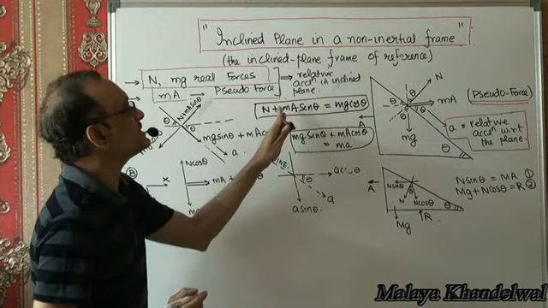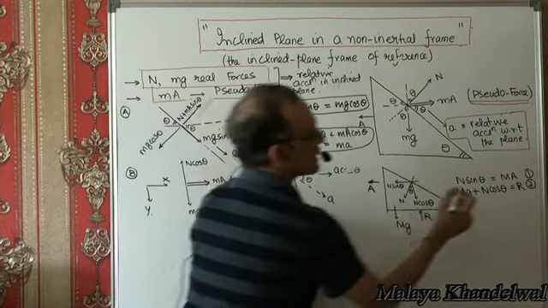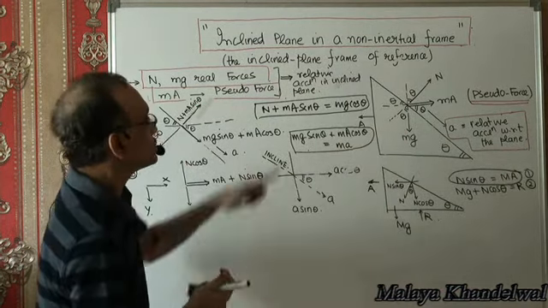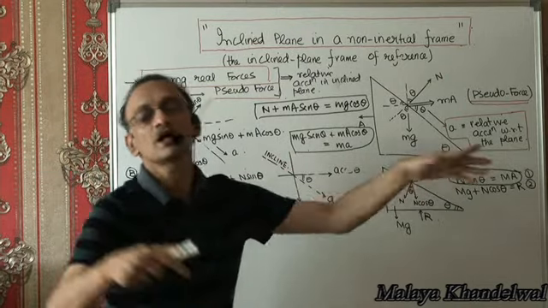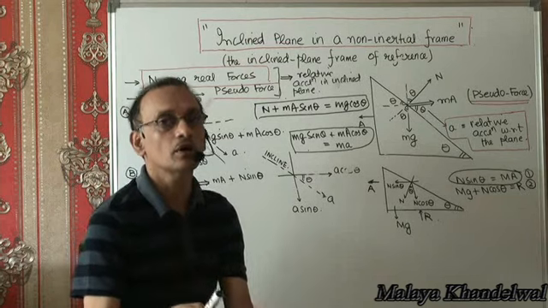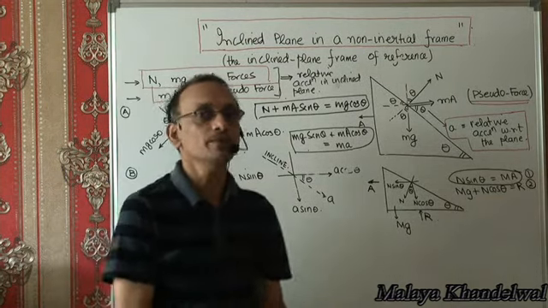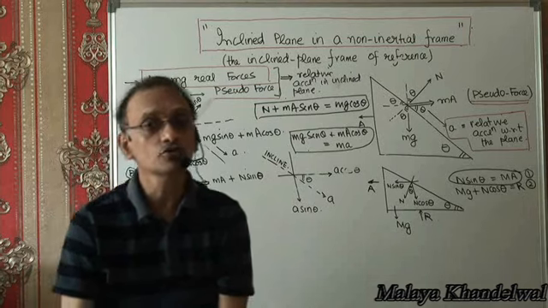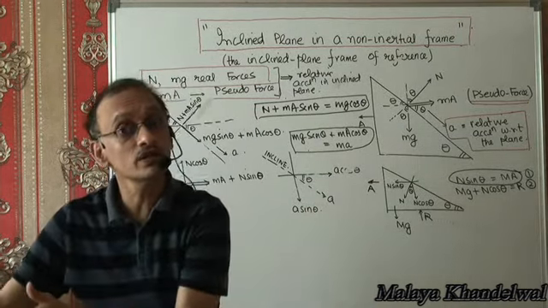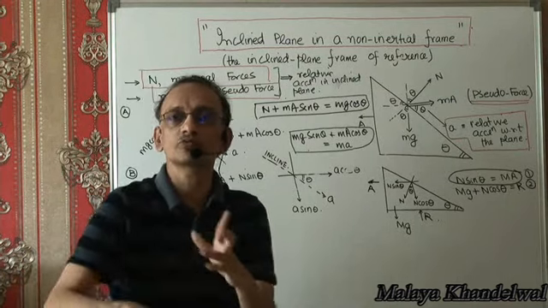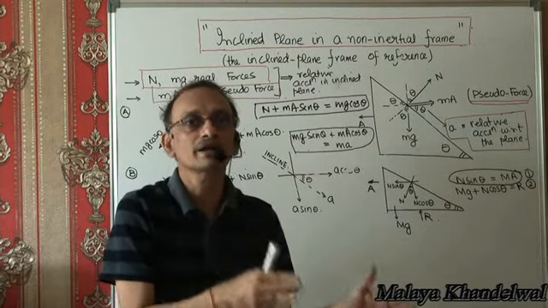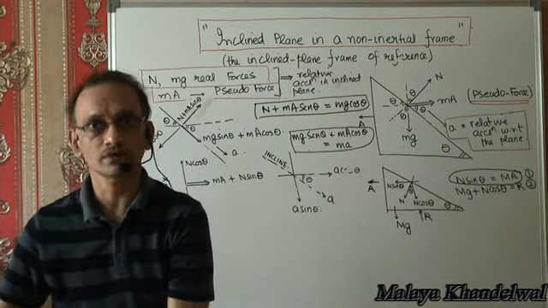Using these two equations, along with N sin theta equal to capital M times A, which remains cardinal all the time, I can once again solve for capital A, N, and small a. Capital A, like before, turns out to be mg sin theta cos theta divided by capital M plus small m sin squared theta. Similarly, small a turns out to be (capital M plus small m) g sin theta divided by capital M plus small m sin squared theta.